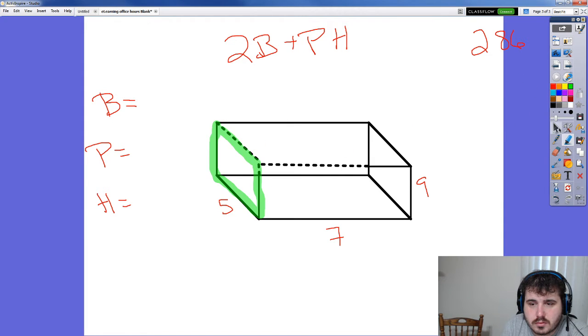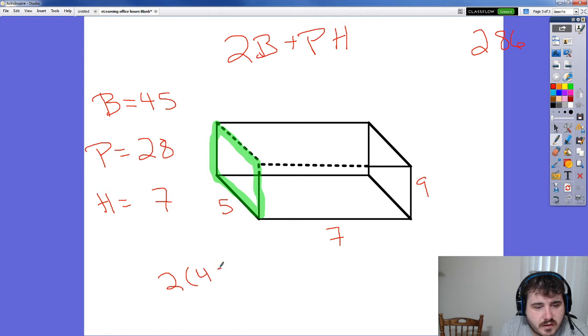So we know the area of the base is 5 by 9, so 45. We know the perimeter, 5 and 5, 9 and 9, so 18 plus 10 is 28. We know the height is 7. 2B plus PH, 2 times 45 plus 28 times 7.